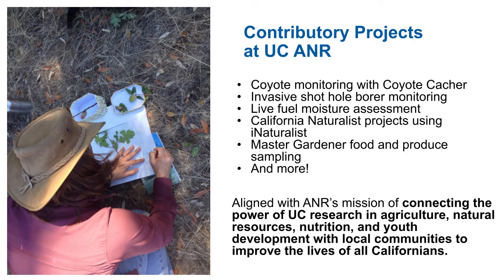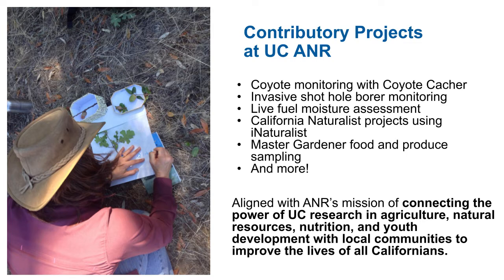UC is home to many contributory participatory science projects. At UC, university faculty, cooperative extension specialists, and advisors and staff work to connect the power of UC research in agriculture, natural resources, nutrition, and youth development with local communities to improve the lives of all Californians.